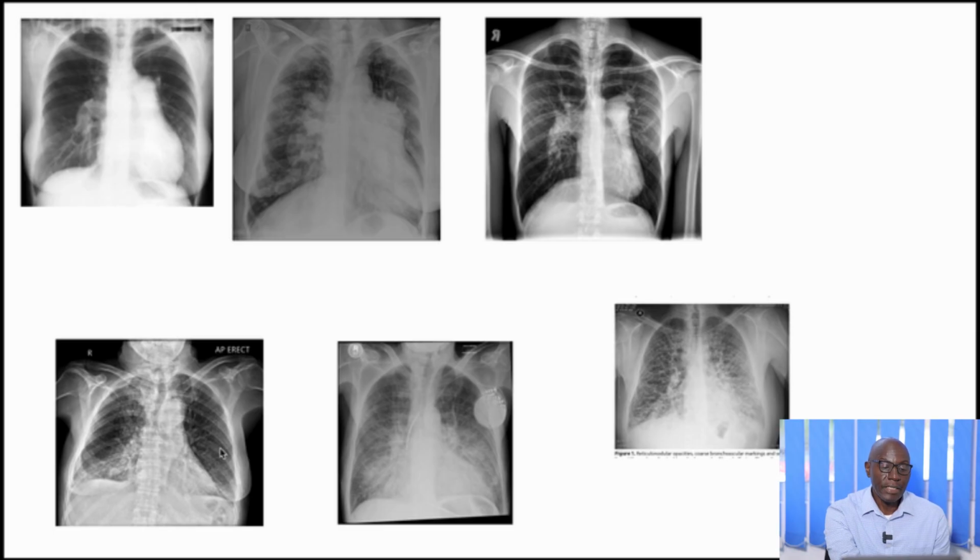We get the Kerley B, Kerley A lines, and as time goes on, we get the alveolar type of infiltration, where we get the central alveolar infiltrates, mainly perihilar, sparing the apices and the bases, and this is due to pulmonary venous hypertension or pulmonary edema, just like we stated it.